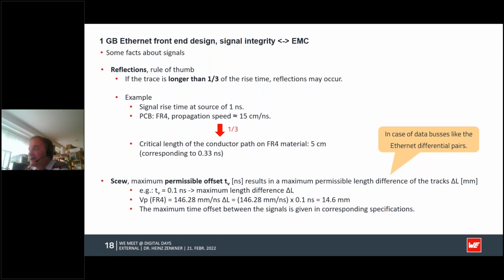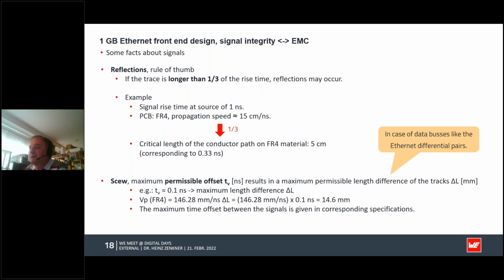And another important issue, in case you have buses like Ethernet or HDMI, for example, where you have symmetrical buses running in parallel, there is a permissible offset between those channels. They're also defined in the IEEE standard or in your specification of the controller. Let's take one example. If you have 0.1 nanosecond, we have to deal with again about 14.6 centimeter per nanosecond.